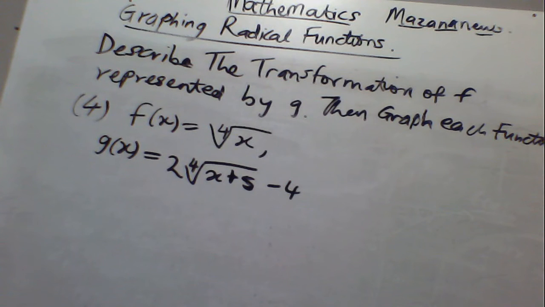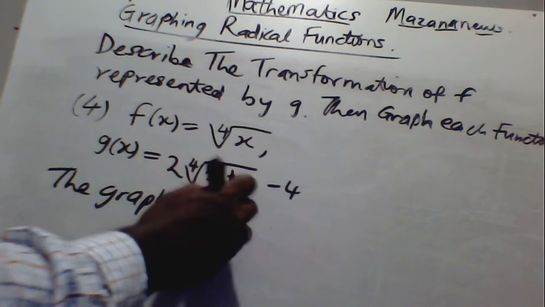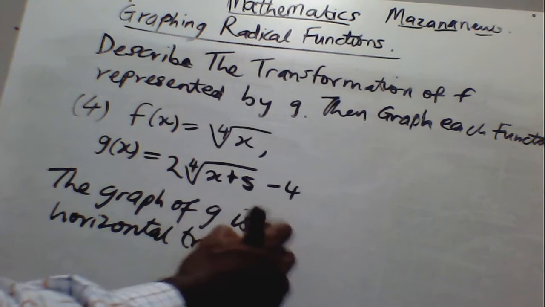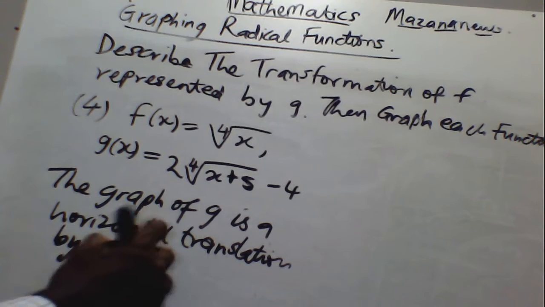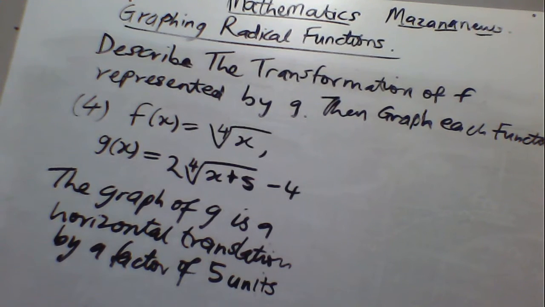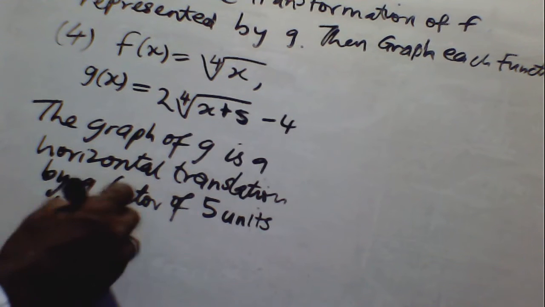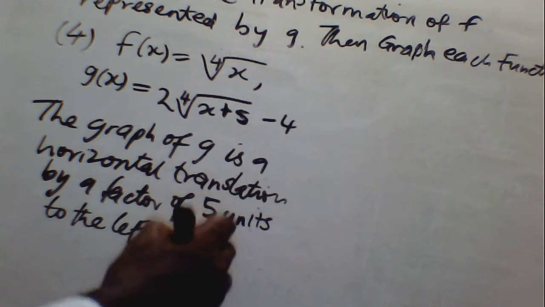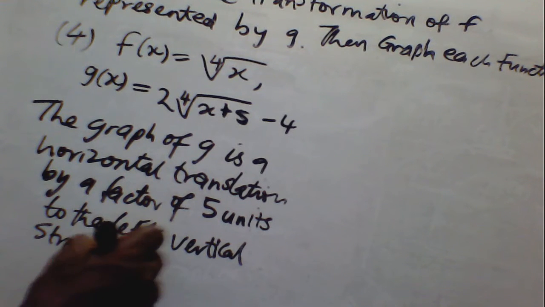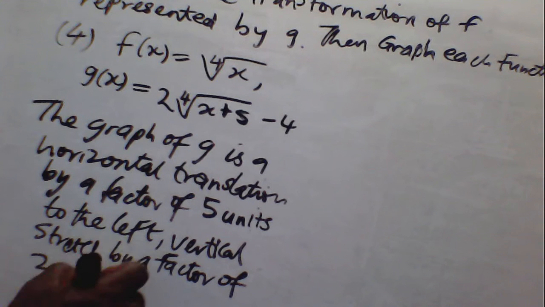So the graph of g is a horizontal translation by 5 units to the left, vertical stretch by a factor of 2 units.